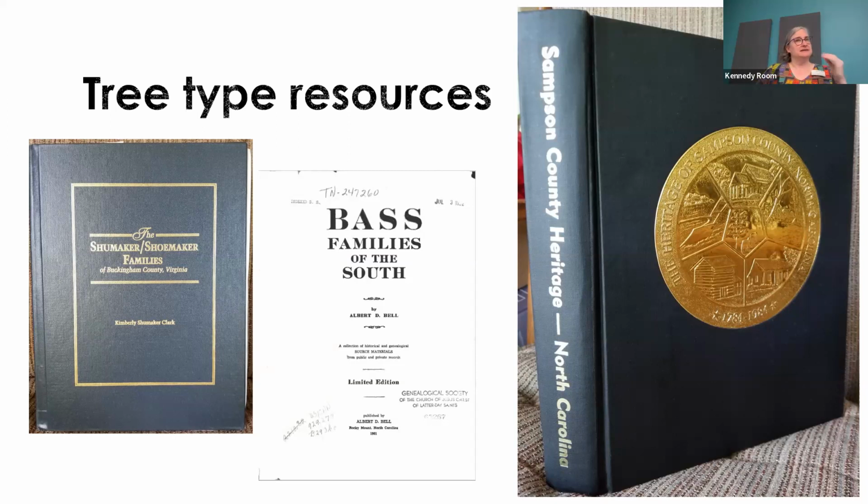Very rarely is it intentional, although I will tell you, be very careful of family histories published between about 1890 and 1940. That is an era where a lot of people wanted to be in these newfangled lineage societies like the Daughters of the American Revolution, founded in 1890 or 91, something like that, in the 1890s.